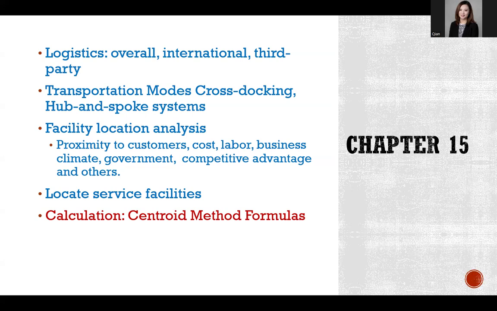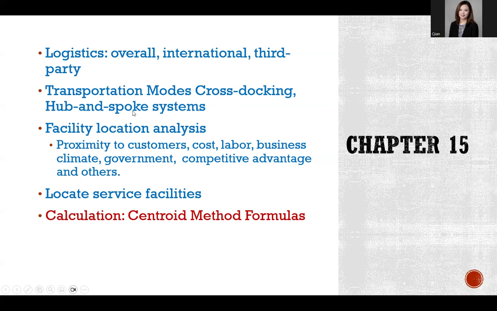So take a look at the 6 different transportation modes. Make sure that you can figure out each of them, and we have a chart to categorize them based on the cost, the efficiency, and the quantity or volumes they can transport.